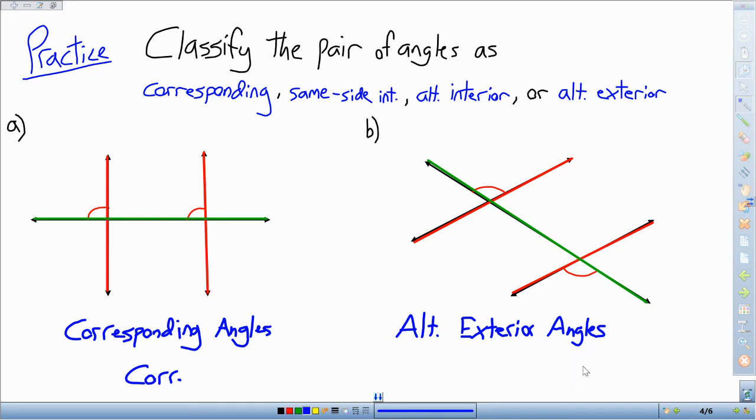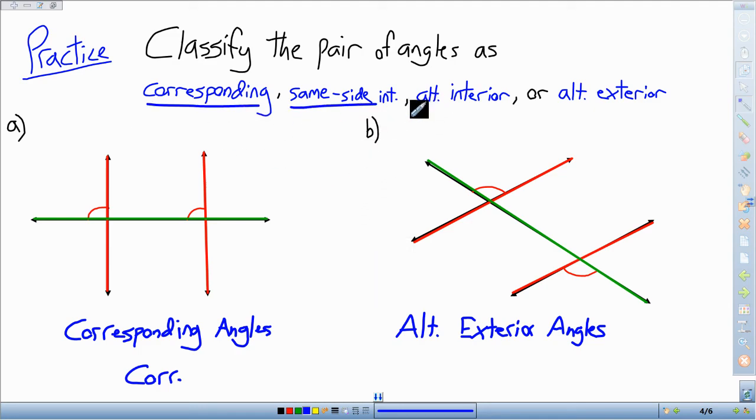Okay, and just something to think of when I go to look at these angles. Notice I always first look to see on which side of the transversal they are. Are they both on the same side of the transversal, or are they on alternate sides of the transversal? Okay, when you do that, you can start eliminating things. If they're on the same side of the transversal, I know they're either going to be corresponding or same side interior.